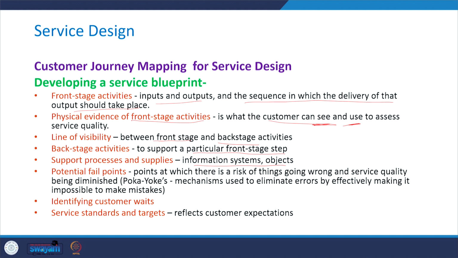These are the points at which there is a risk of things going wrong and service quality being diminished. In Japanese, they call them poka-yokes. Poka-yokes are mechanisms used to eliminate errors by effectively making it impossible to make mistakes. Then comes identifying customer waits or queues, and finally service standards and targets that reflect customer expectations.